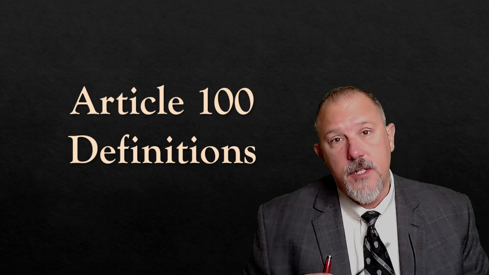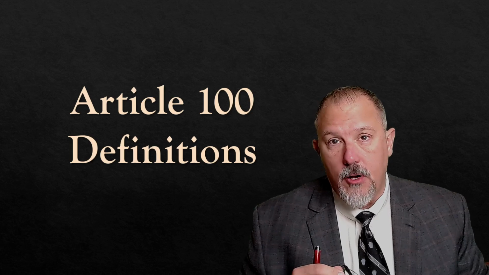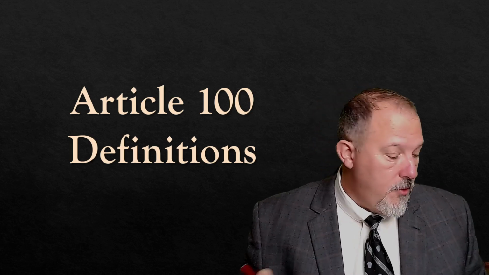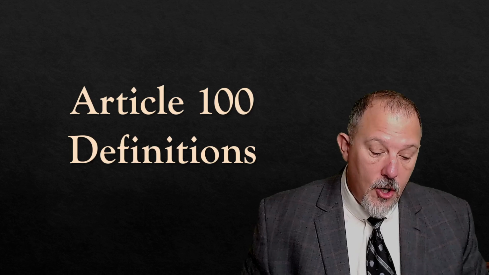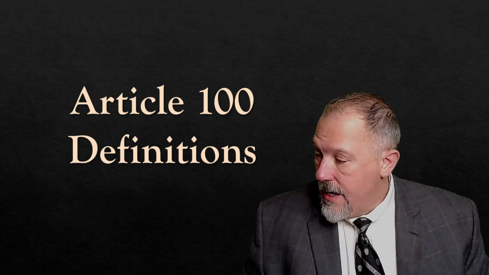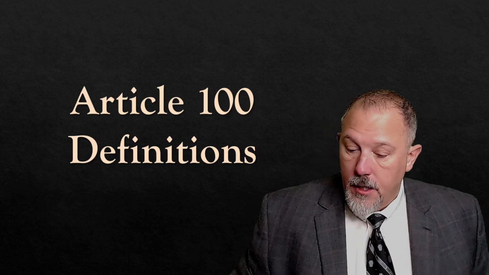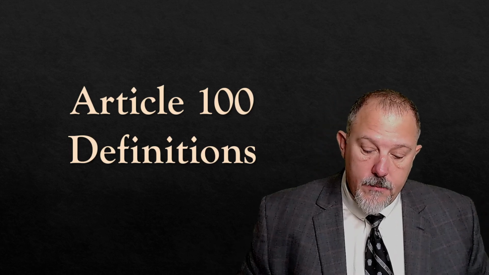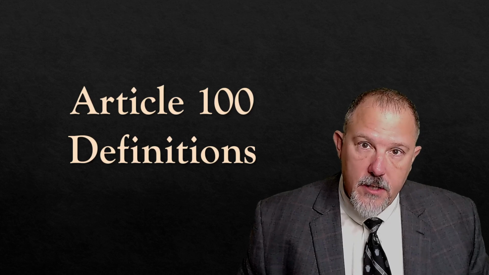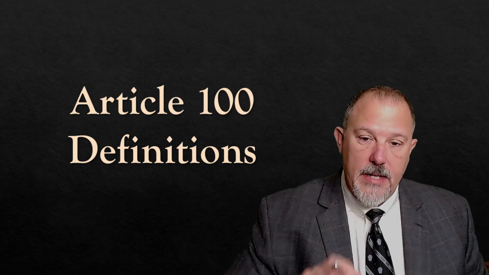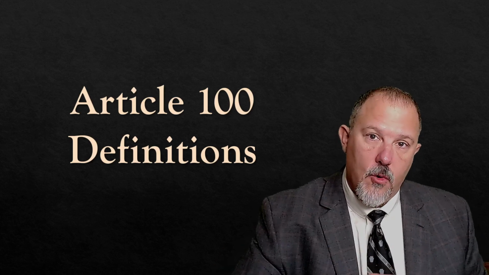The definitions are being looked at and probably are going to change as we move into the 2023 cycle for a couple of reasons. One is there are changes coming into the 2023 code cycle that basically are moving all the definitions into Article 100.